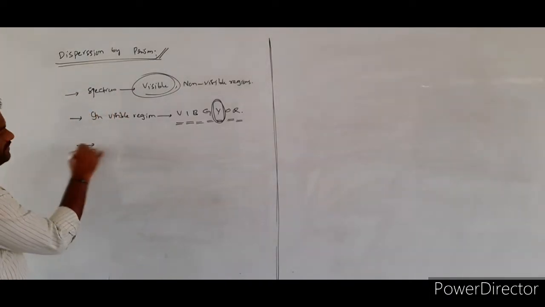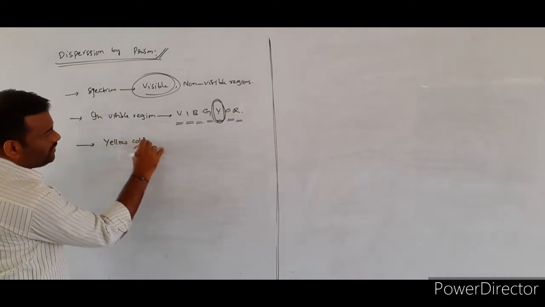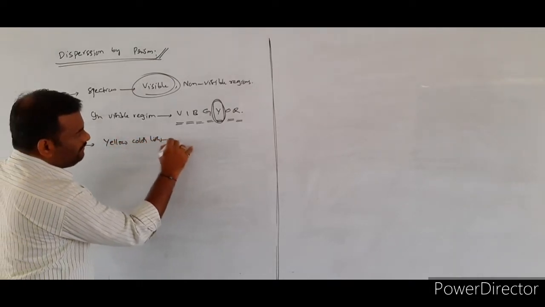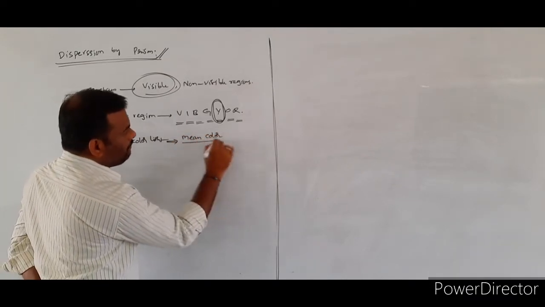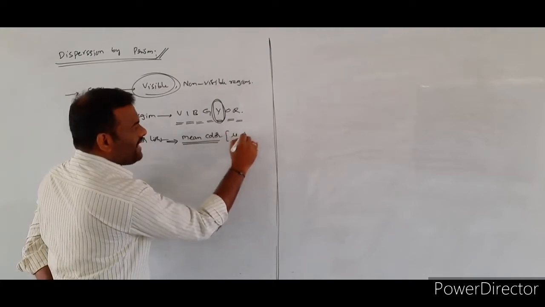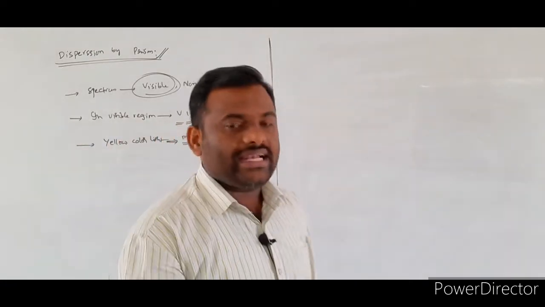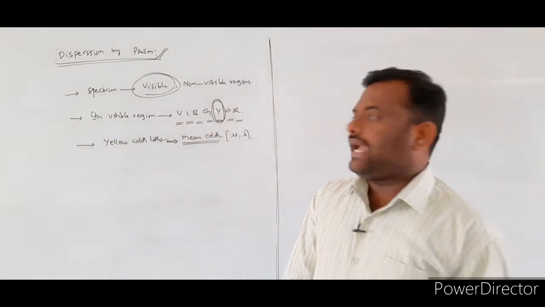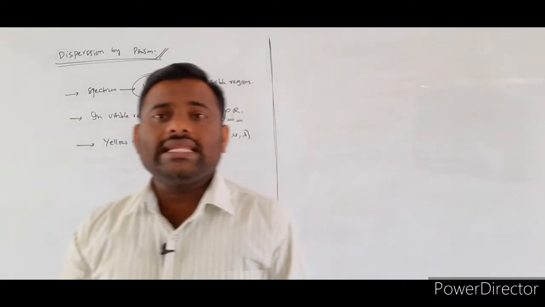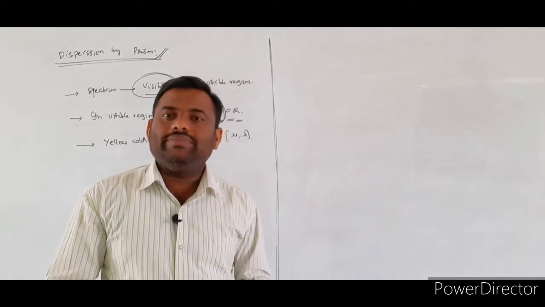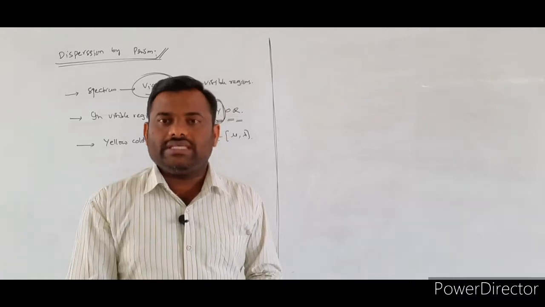So out of seven different colors, which color will be chosen as the mean color? Yellow color light will be chosen as the mean color of the light in the visible spectrum.